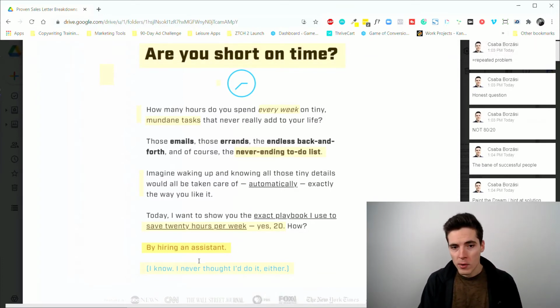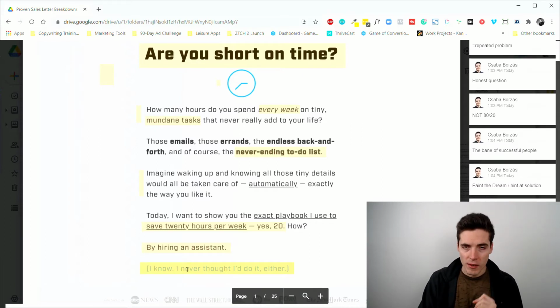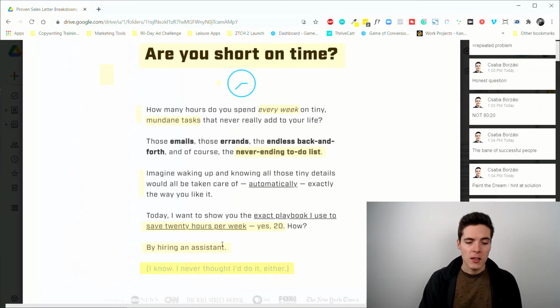And then very smartly, this is an advanced strategy, but it's definitely important. There's a slight objection handling element here by saying, I know, I never thought I'd do it either. Because what most people think, especially solopreneurs, when they get more successful, when they're earning several $100,000 a year, or even just $100,000, so they become a six-figure copywriter or business owner or online course creator or something like that.